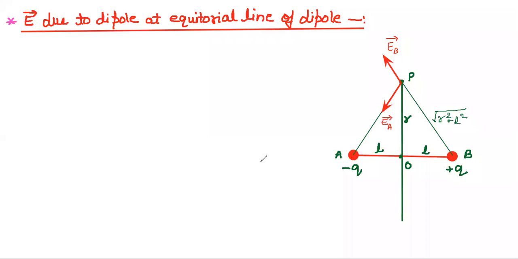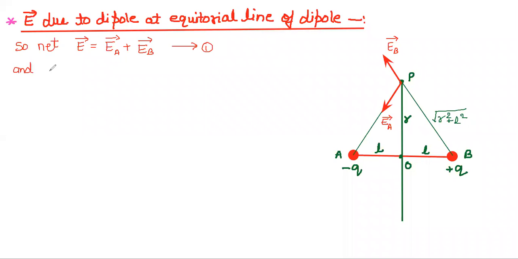To calculate the net electric field, we will calculate the EA vector and EB vector, and we will take the vector sum of it, meaning the net electric field. So the net electric field E will be the EA vector plus the EB vector.